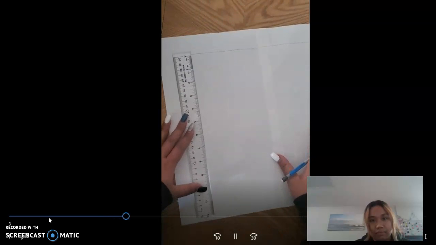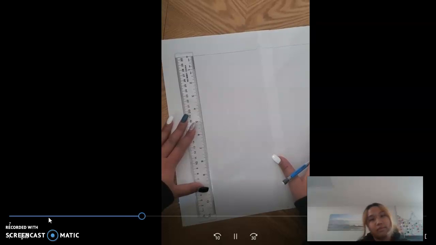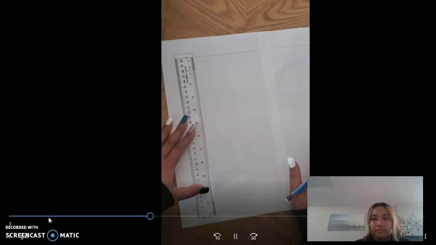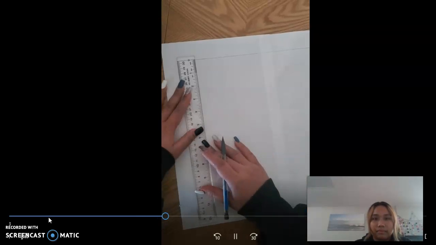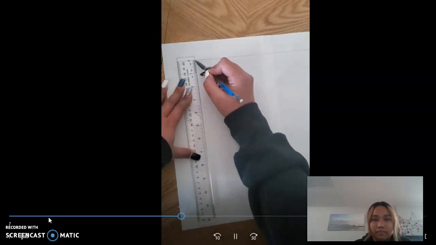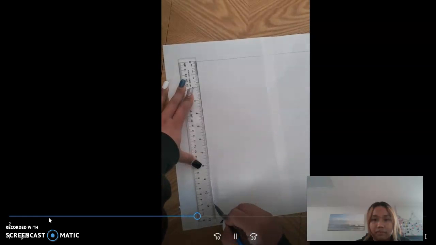Now let's draw the final answer for the second equation, which is 11 1/16. So all the way to 11 again.